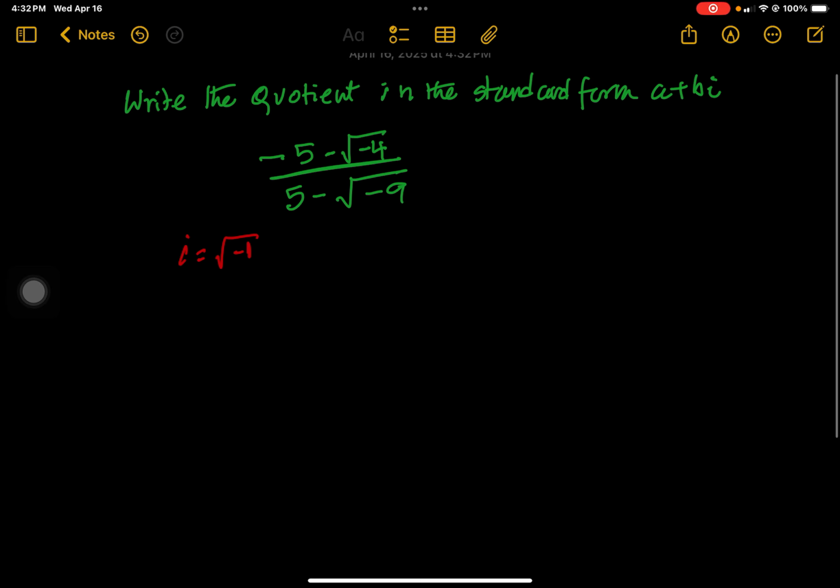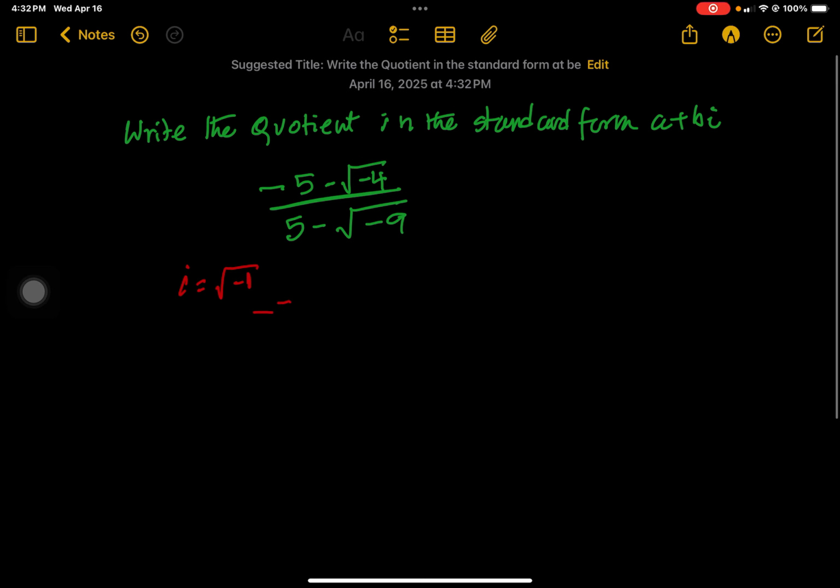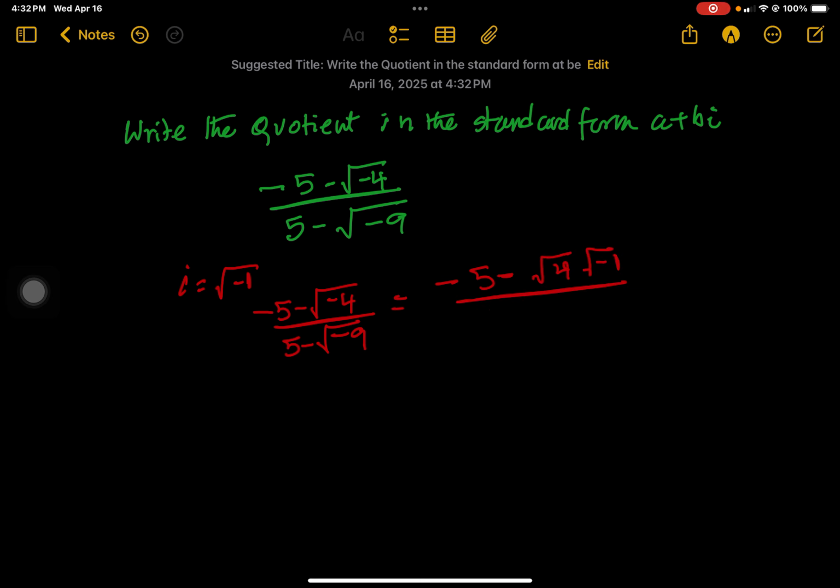So we can write minus 5 minus square root of minus 4 divided by 5 minus square root of minus 9 as minus 5 minus square root of 4 times square root of minus 1. Similarly, in the denominator, it is 5 minus square root of 9 times square root of minus 1.